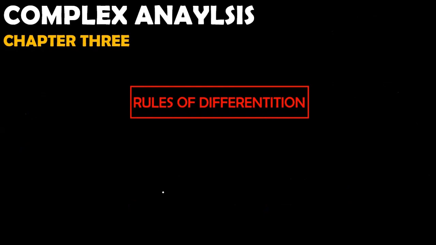The rules of differentiation are the same as we did in calculus. The rules of differentiation of calculus of a real variable carry over to calculus of a complex variable.